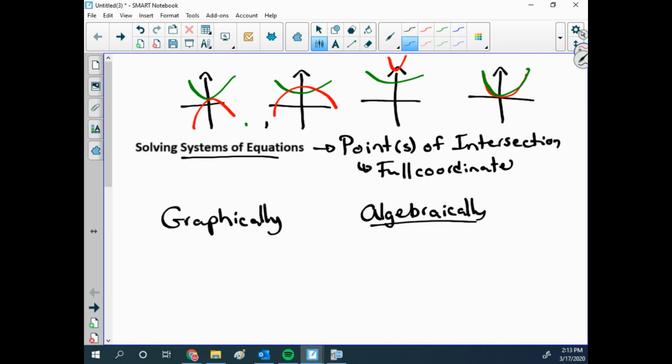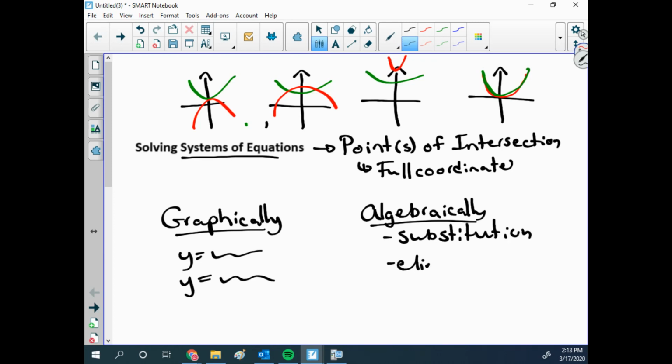I can use my graphing calculator, put in y equals some equation, and then find the intersection on my calculator. Algebraically means I can use one of two strategies: substitution or elimination. Either of those strategies helps me find the point of intersection.